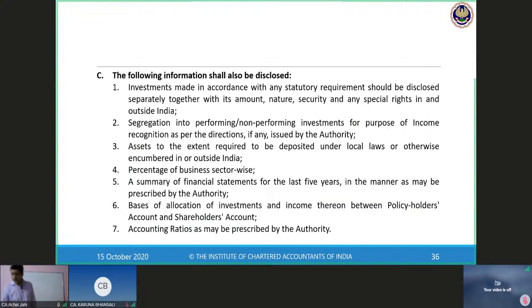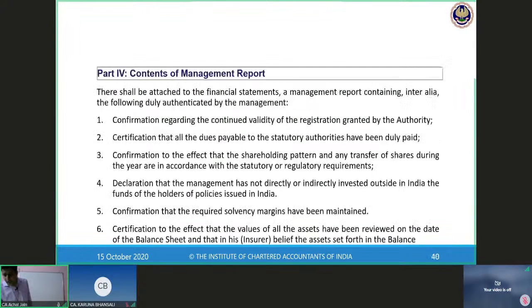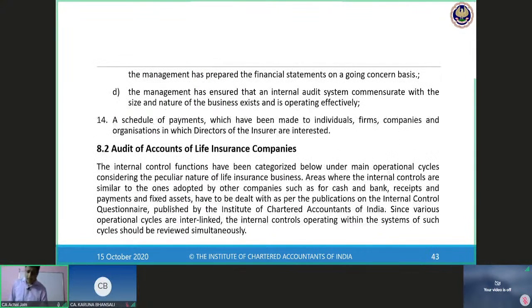And then we can just look at a detailed list of all of these disclosures. Then there are various instructions around the preparation of financial statements, which is not really so relevant for us because we are the auditors, for which accounting knowledge is required, but we have a separate area through which accounting knowledge can be gained.